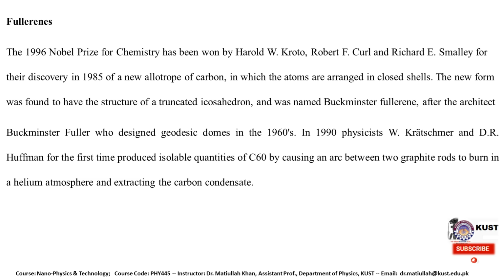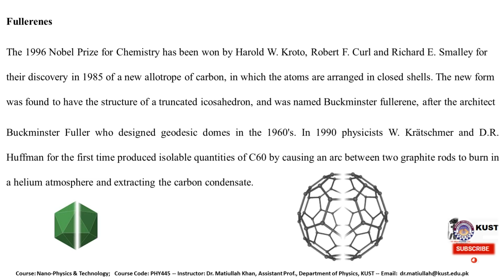It was discovered that this is one of the allotropic forms of carbon, and regarding this structure, it was considered that the atoms are arranged in closed shells. These new forms were found to have the structure of a truncated icosahedron and were named Buckminsterfullerene after the name of a scientist who designed these ideas.